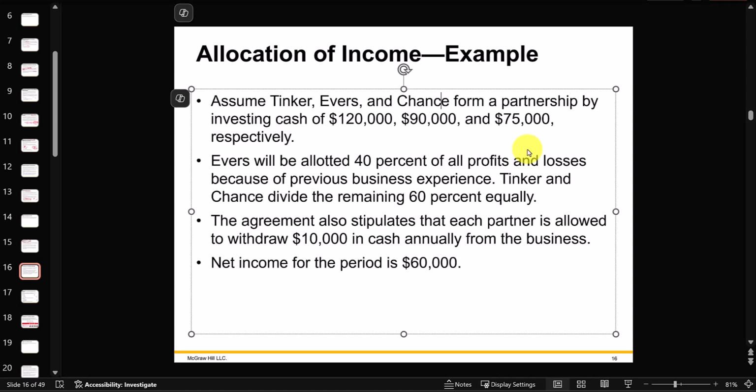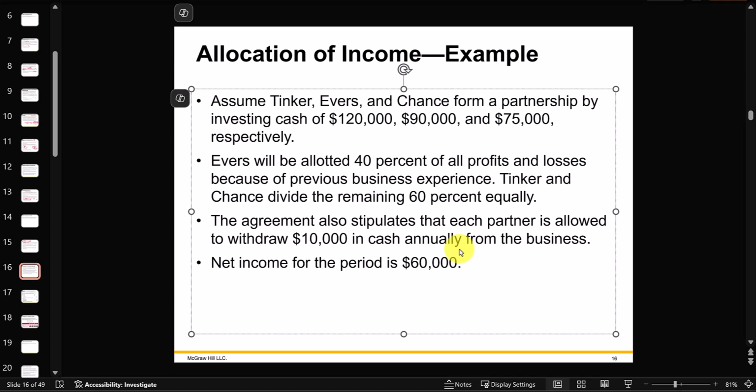And the way they've decided to allocate the business's profit, here we're told at the bottom, it's $60,000 for the year. We're going to give 40% of that 60 to Evers here because of his or her business experience. And then the other two partners, 30% each. So 40% of 60, I think that's 24,000. And 30% of 60, that's 18,000.